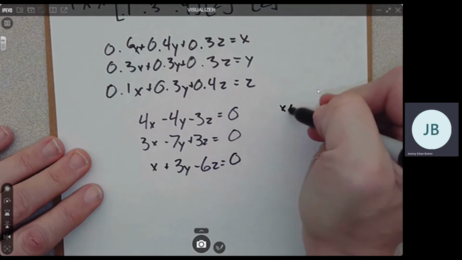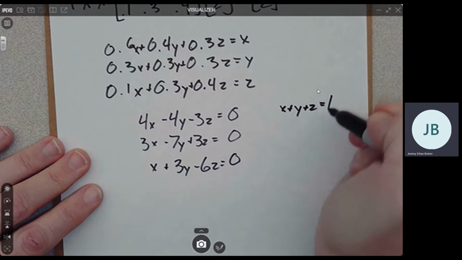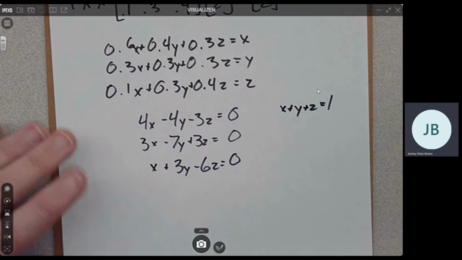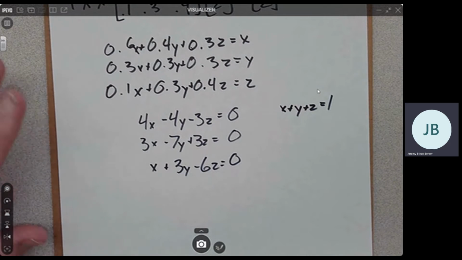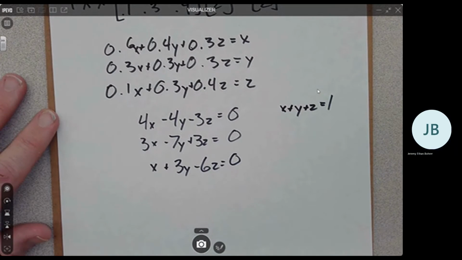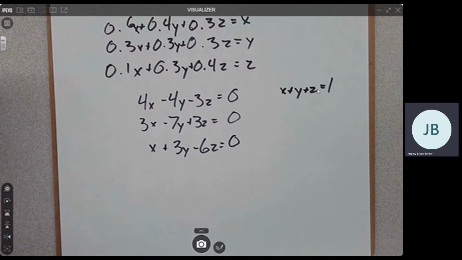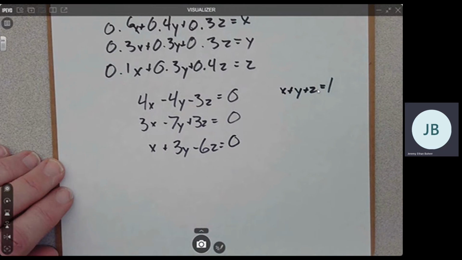Also, we know that x plus y plus z equals 1. So we need to solve this system of equations. We can use the Gauss-Jordan method, but we don't really need to do that in detail here.